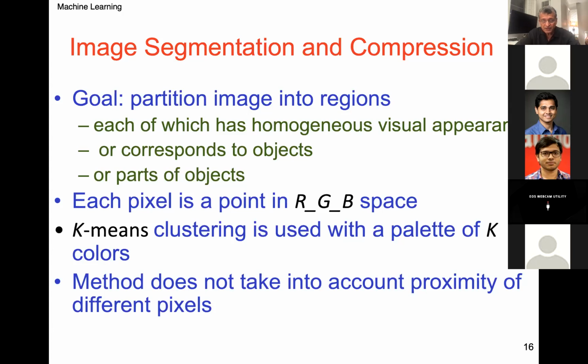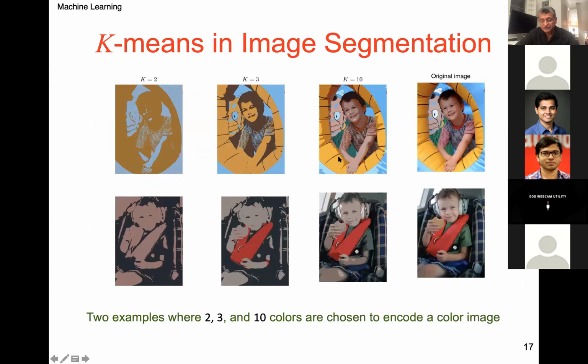Each point is in RGB, meaning in three-dimensional space, and each of these points has to be assigned to one of three clusters or one of 10 clusters. Then you are saying pixel number 78 belongs to red or brown or whatever. So it's a fairly straightforward way of segmentation.